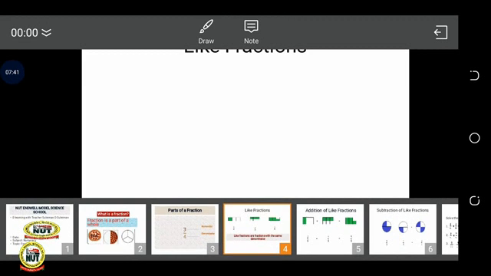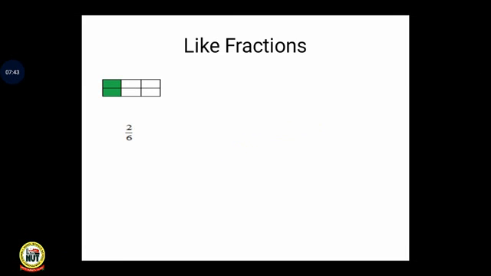We have 1, 2, 3, 4, 5, 6. We have 6 sides, isn't it? So that is the denominator. The total number, both the shaded and the unshaded part, is the denominator.